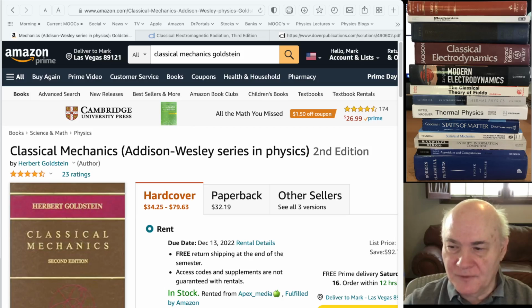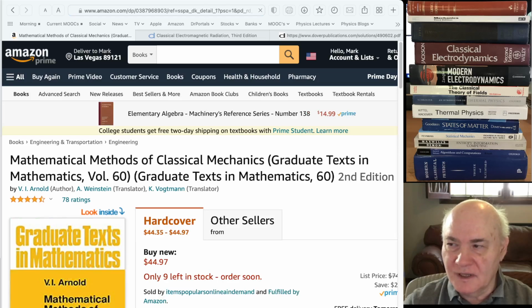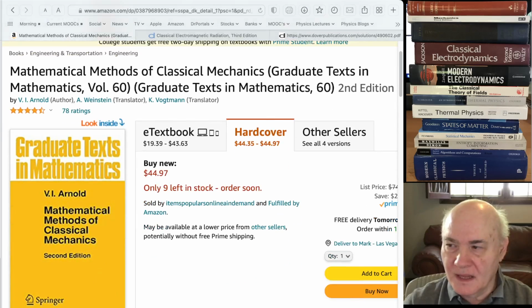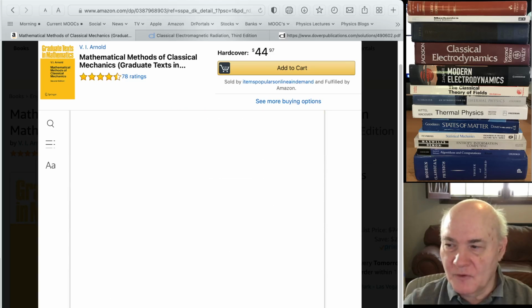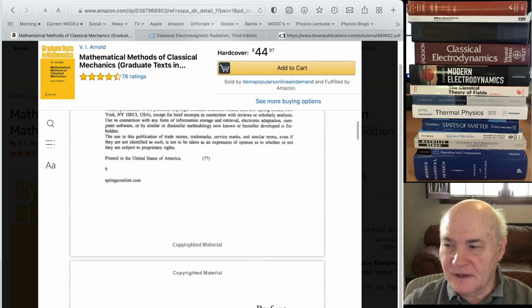There's also another book which is more mathematical. This is a graduate level book. I've never read it. I've only looked at parts of it. It's a standard book, Mathematical Methods of Classical Mechanics, and it covers everything from a more mathematical approach, and it's definitely graduate level.